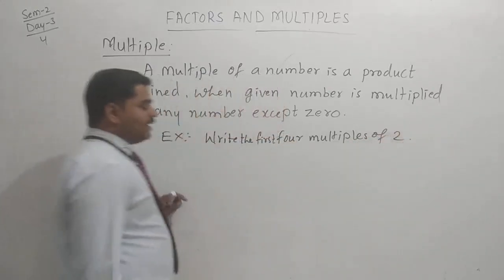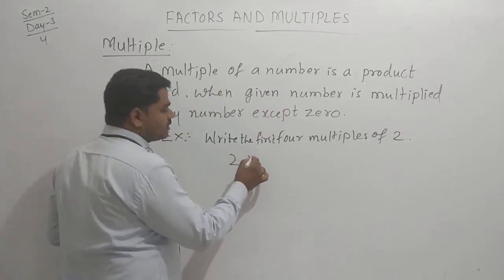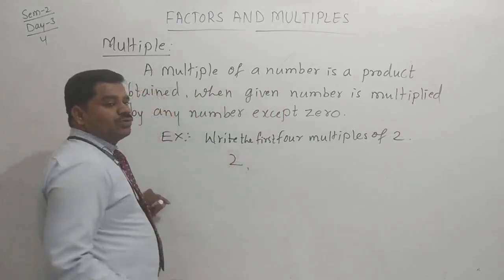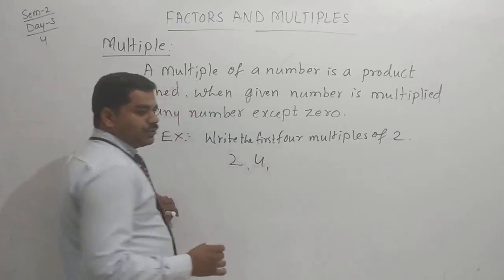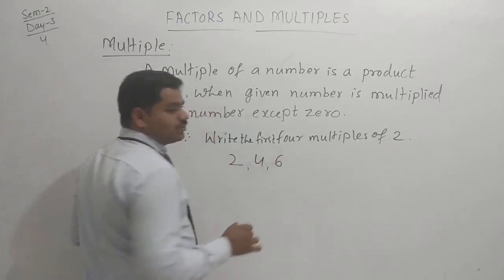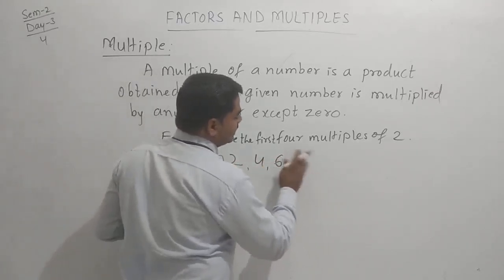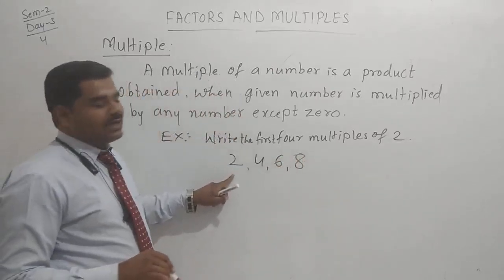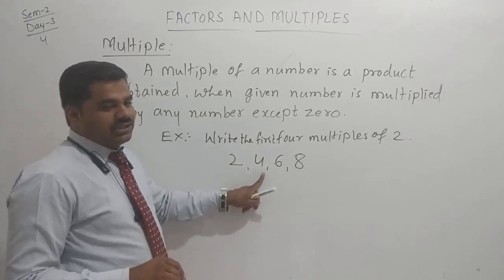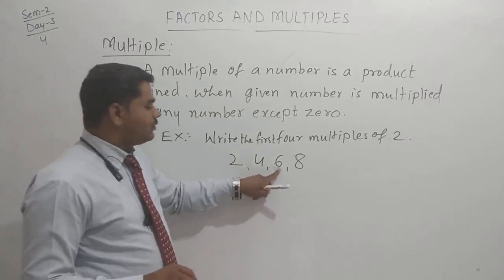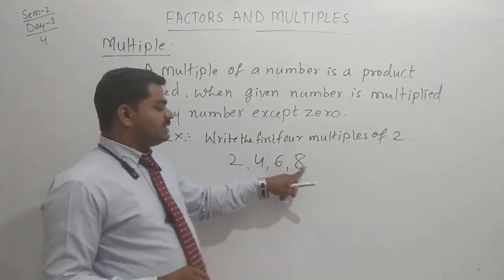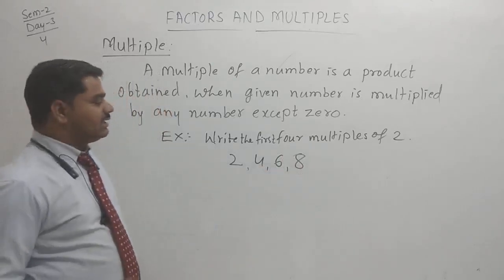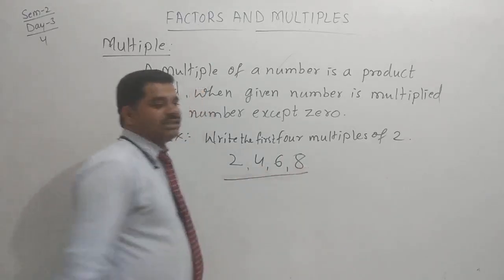Then 2 into first 4 means 2 into 1 is 2. 2 twos are 4. 2 threes are 6. 2 fours are 8. These are the first 4. 1 times 2 is 2, 2 times 2 is 4, 3 times 2 is 6 and 4 times 2 is 8. These are the first 4 multiples of 2.